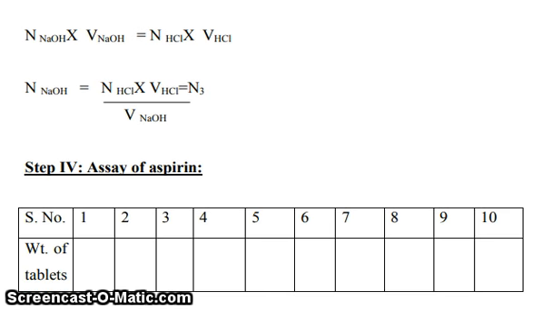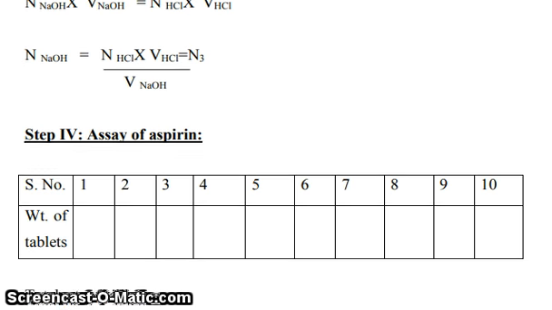Normality of NaOH into volume of NaOH is equal to normality of HCl into volume of HCl. So you have to calculate the normality of sodium hydroxide with the help of this formula: normality of HCl into volume of HCl divided by volume of NaOH. This is N3.